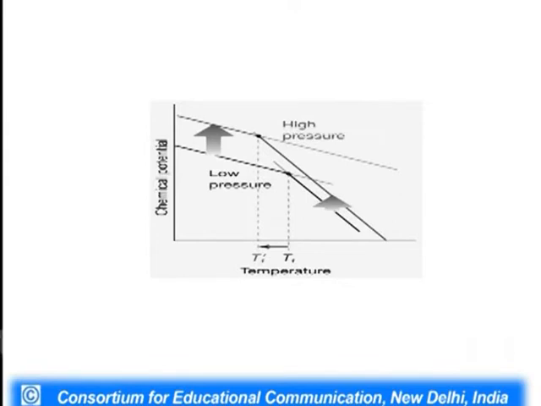For water, Vm of solid is greater than Vm of liquid. So the increase in chemical potential when we change the pressure will be greater for solid compared to liquid, and that leads to a depression in freezing point, and that is why we are able to glide across.